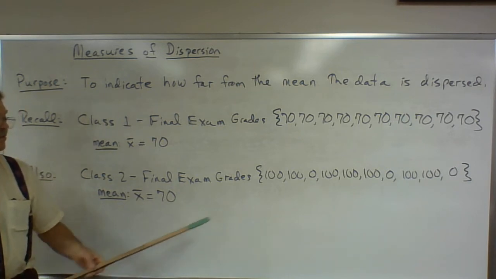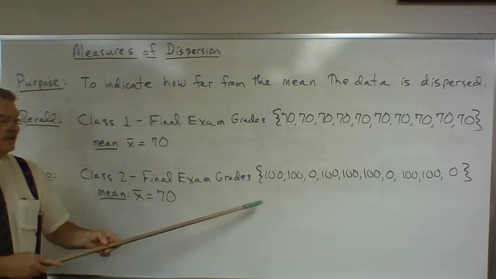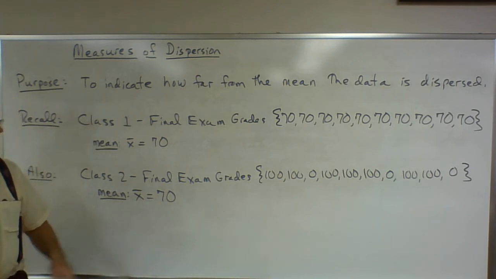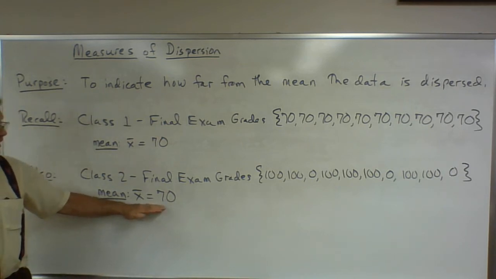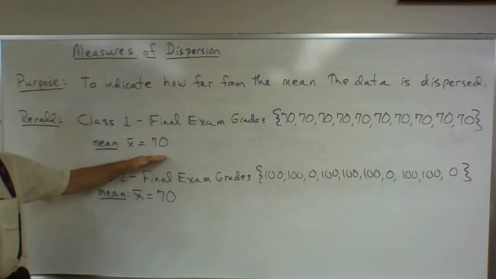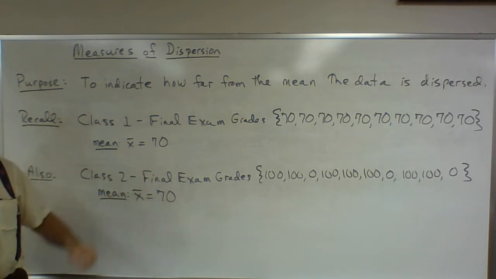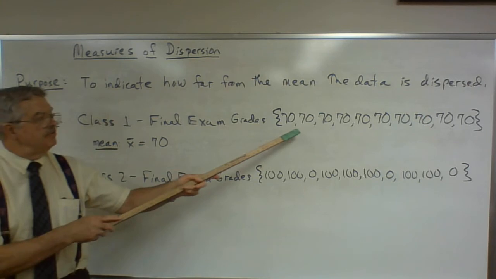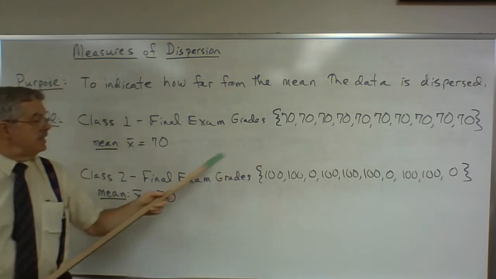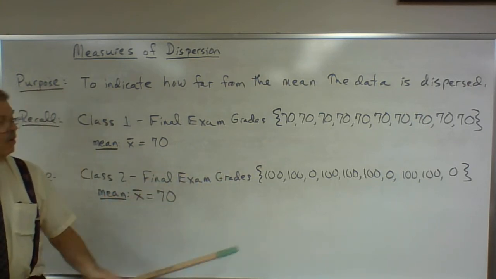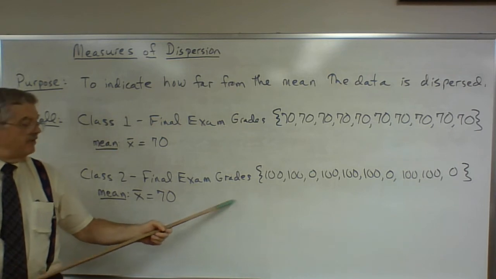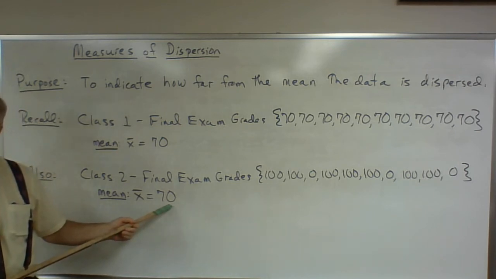Or would we assume a bunch of hundreds and a few zeros? Just looking at the mean, we don't know whether all the test scores are very close to the mean, like in this case, or whether all of the test scores are very far away from the mean in this case.